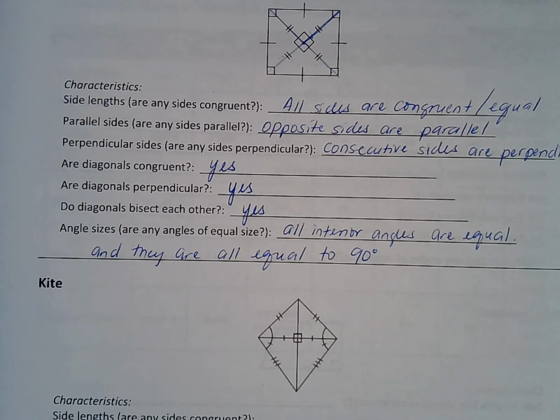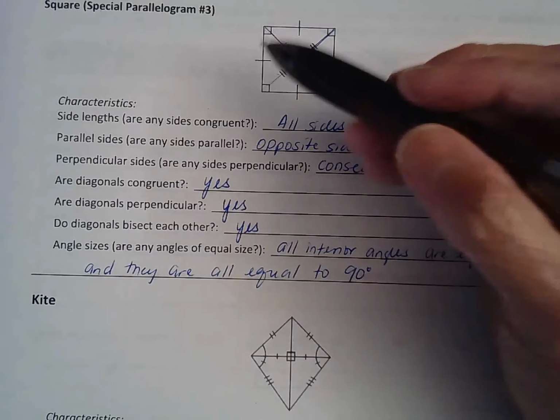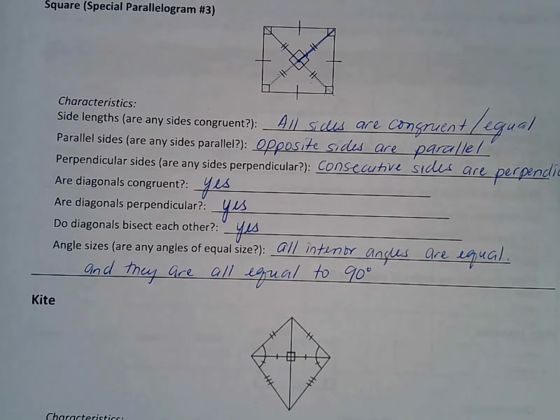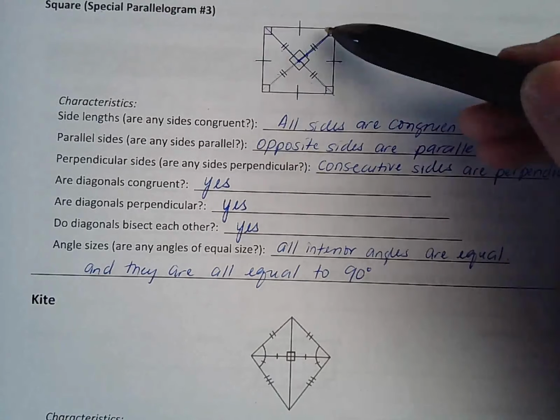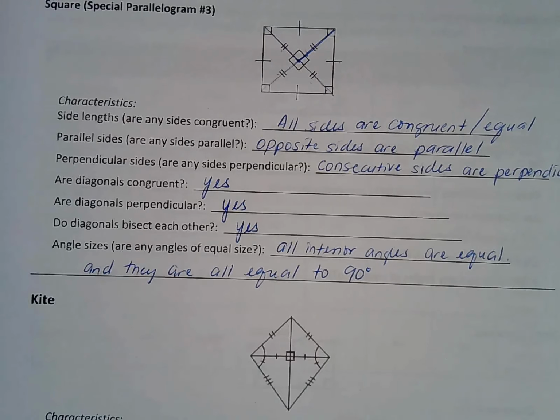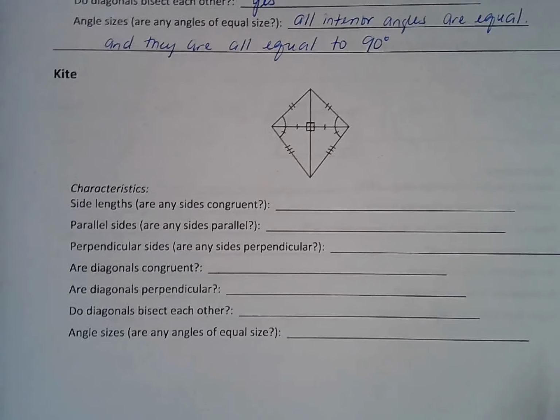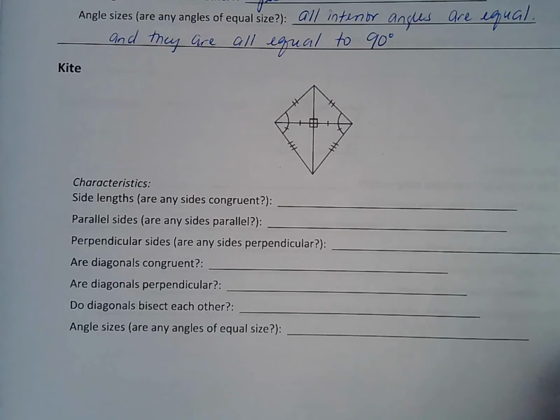So when we first learned about squares, the only thing that we knew is that all four sides are equal, right? And maybe all angles at the corners are 90 degrees. But we didn't quite explore the other characteristics of a square. And these are the characteristics. Okay, this one is called a kite.